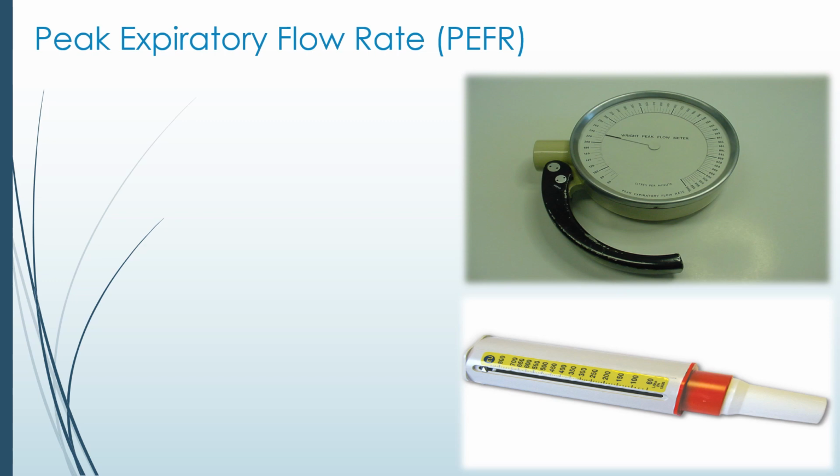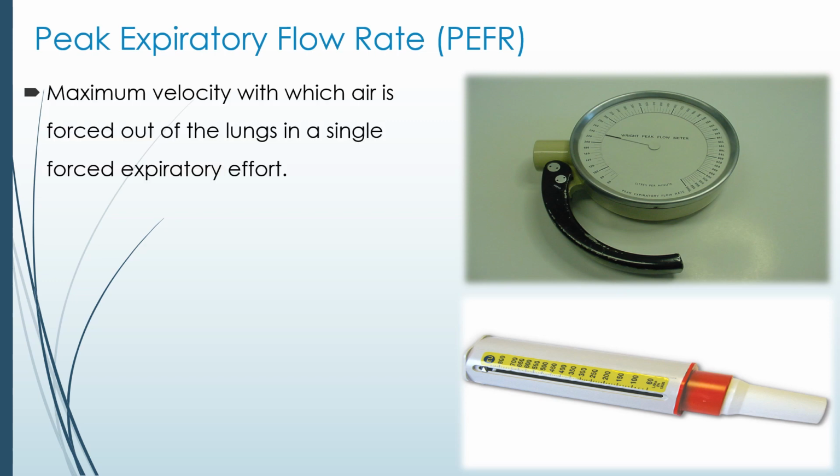Peak expiratory flow rate. It is the maximum velocity with which air is forced out of the lung in a single forced expiratory effort. So the maximum rate of airflow observed during a sudden forced expiration. It is important that this is from the position of full inspiration.